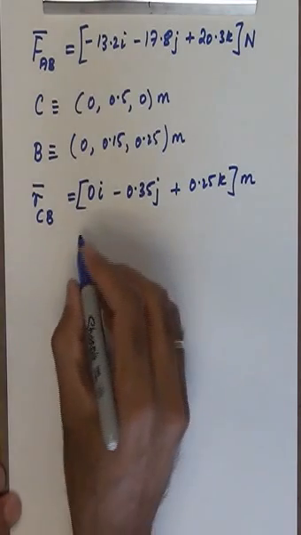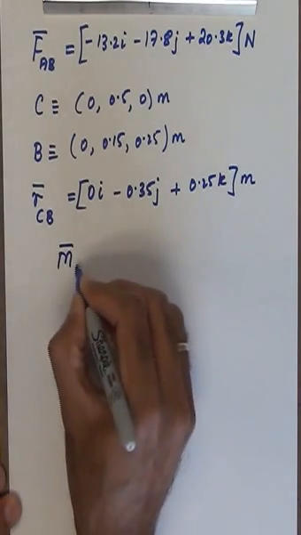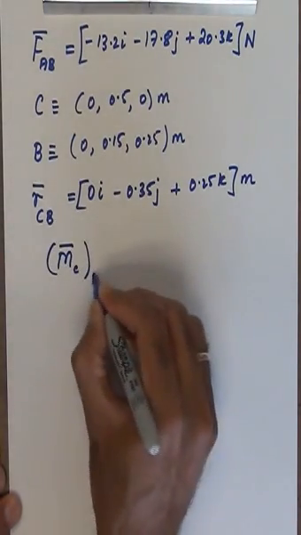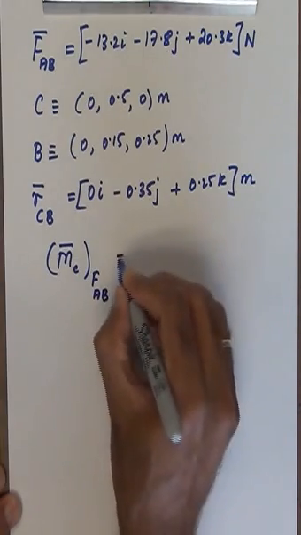And then I set about finding the moment of the force F about the point C. And for this we have the cross product. So moment of the force about the point C. The force of interest for me is the force FAB.